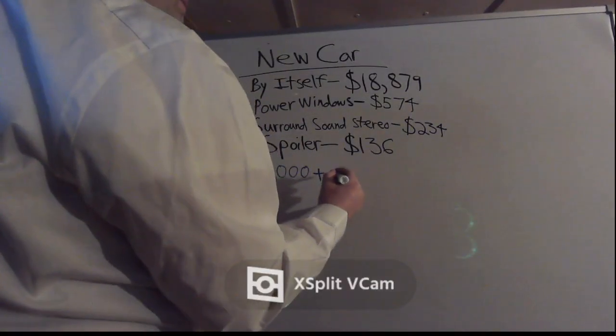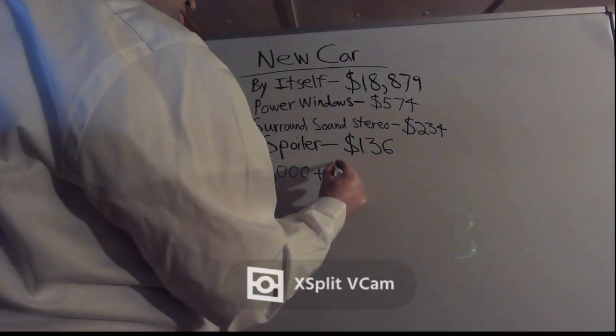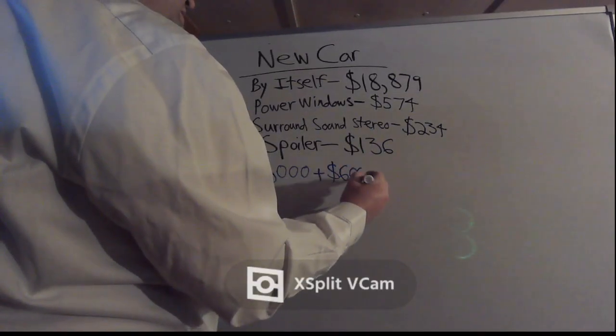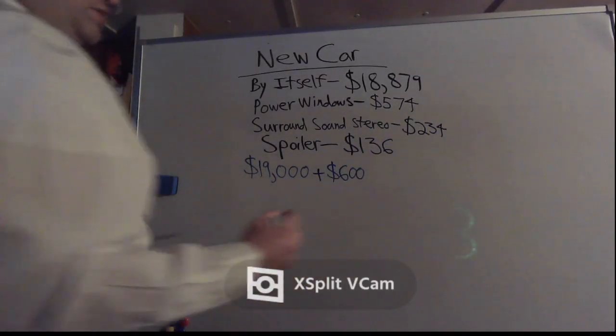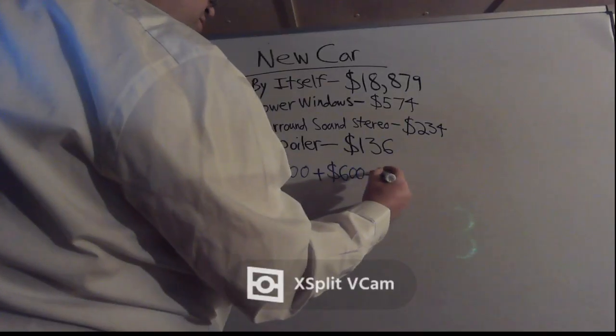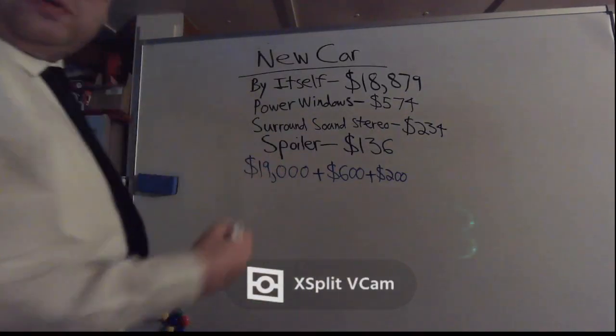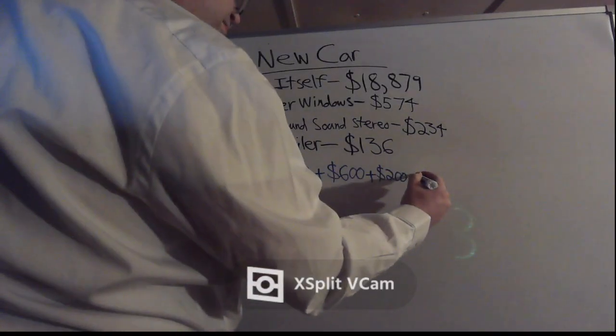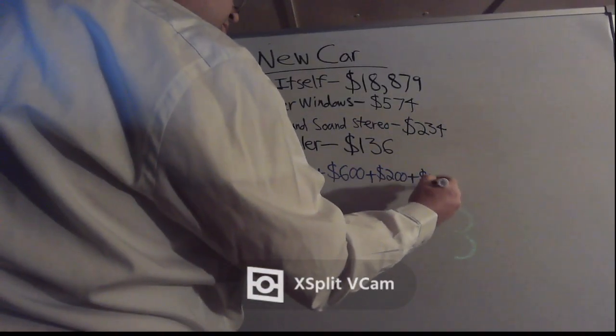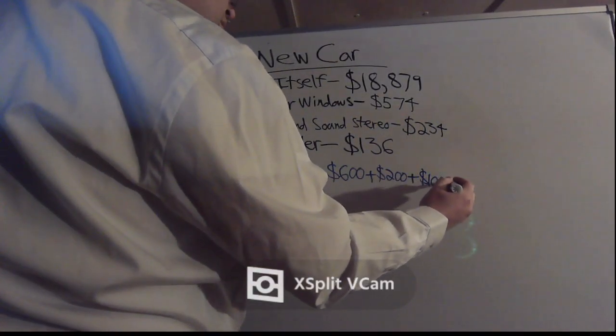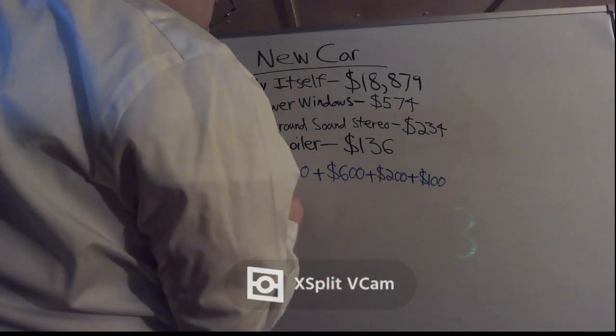You want the power windows, you're going to round that to 600. You'd round that to the nearest 100. You want the surround sound, 234 rounds to 200. And a spoiler, well, that's going to round to another 100. What's that going to equal?